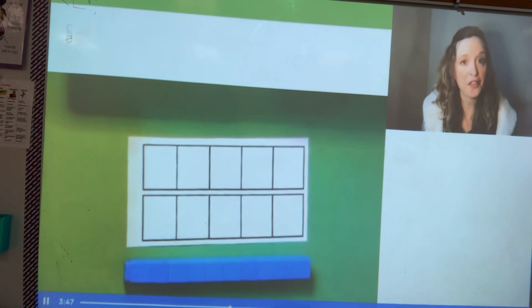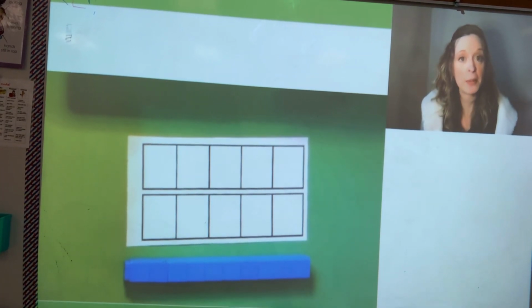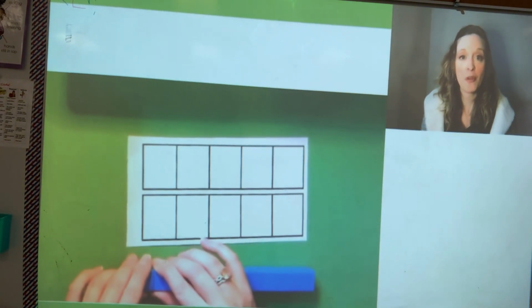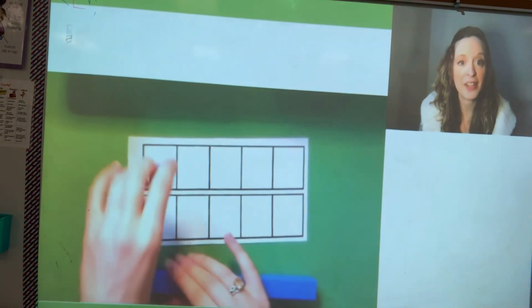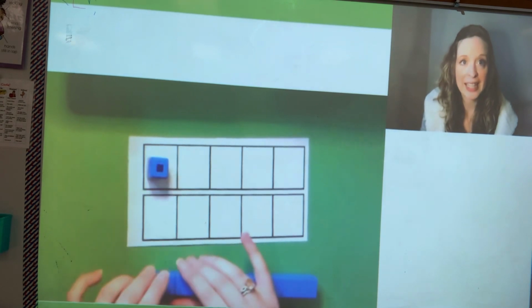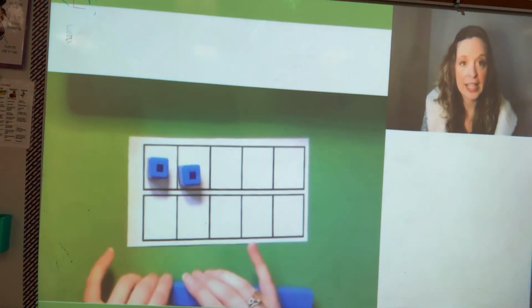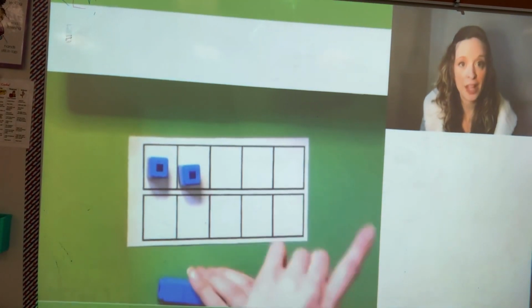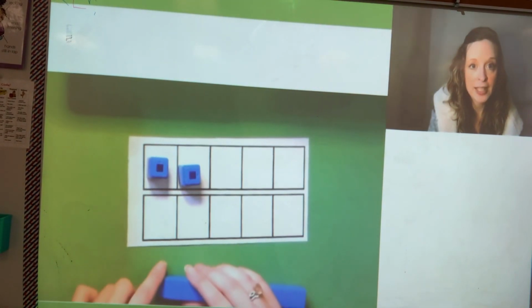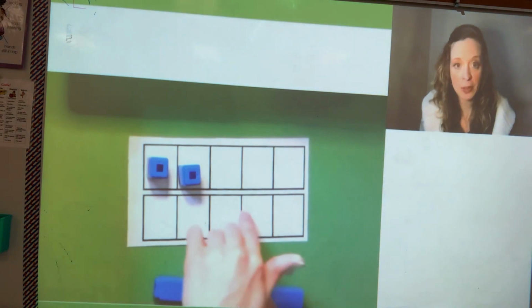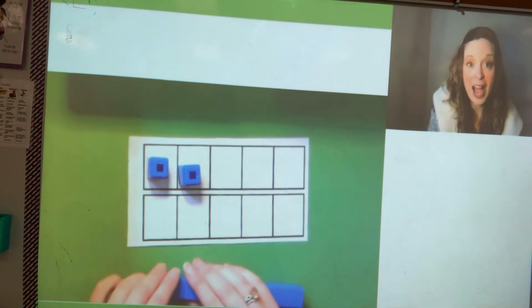We'll use our 10 frame to help us count, just like we used the egg carton to help us count earlier. We will take off 1 cube at the end of our stick, place it in the 10 frame in one box, and continue to fill out the 10 frame all the way across, and then hopping down below and filling out the 10 frame that way.